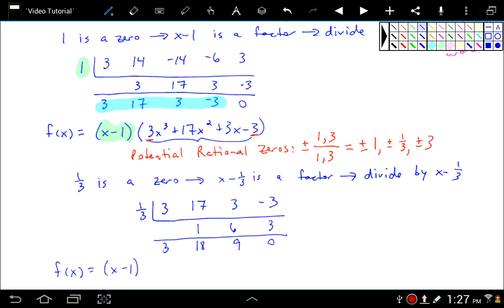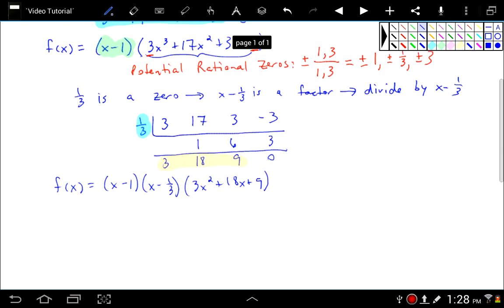Then I have x minus 1/3, because I divided by x minus 1/3, times the stuff down here, which is 3x squared plus 18x plus 9. Okay? So we're getting closer.